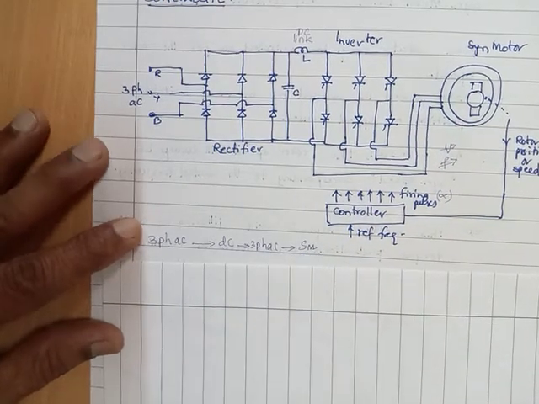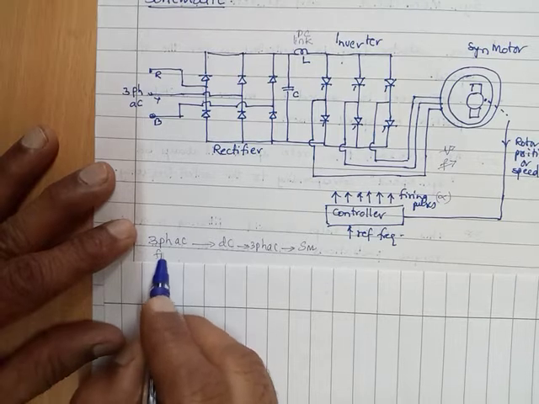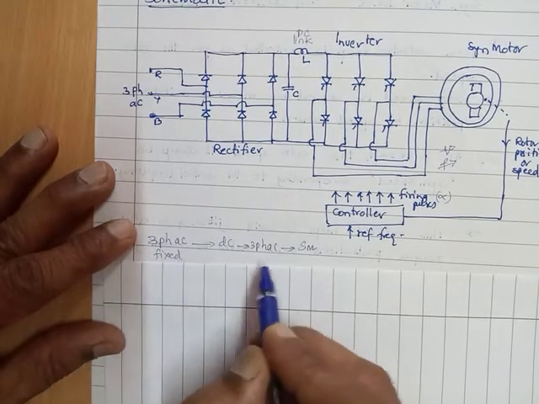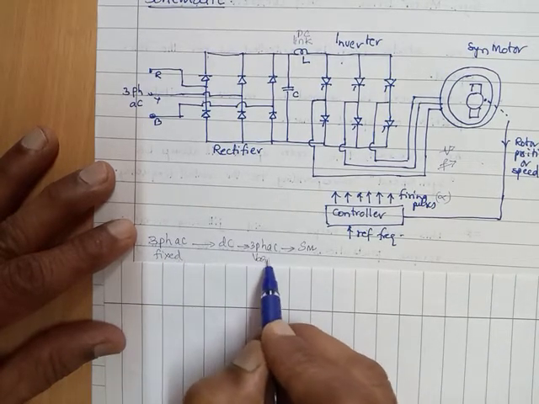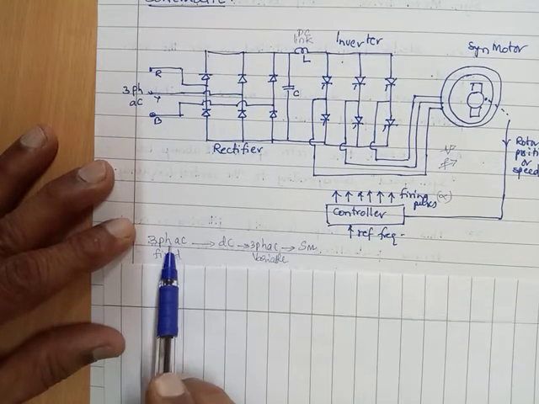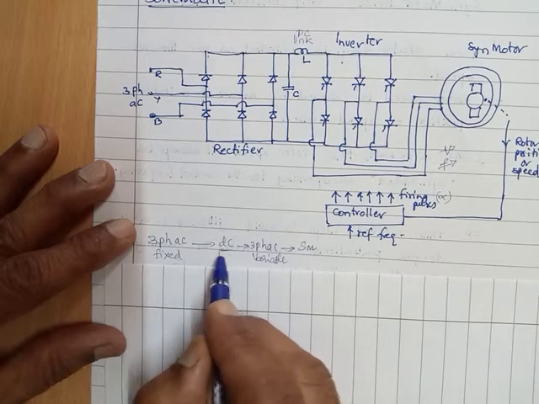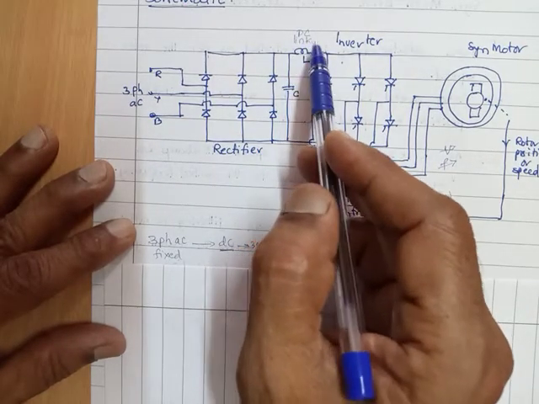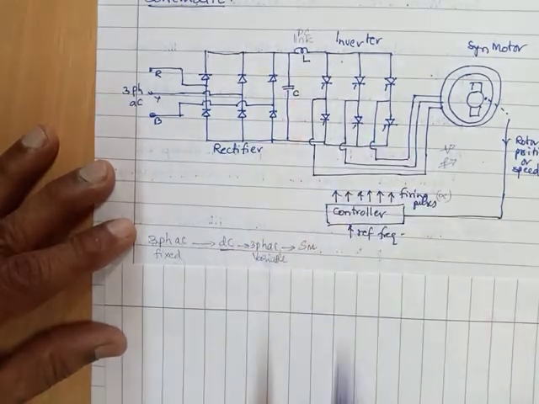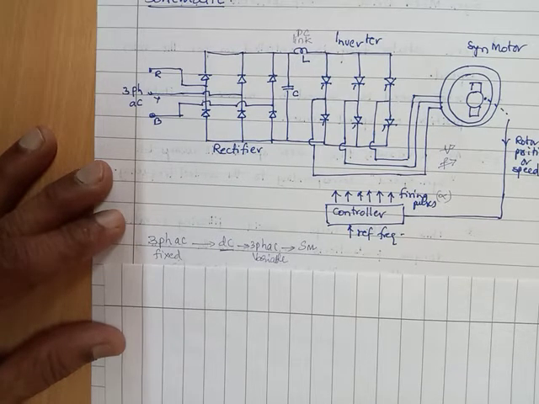Can we put it like this? The three-phase AC we have here is fixed, whereas this is variable. Between the two three-phase AC sections we have this DC, and this is called the DC link. Such configurations are called DC link configurations.